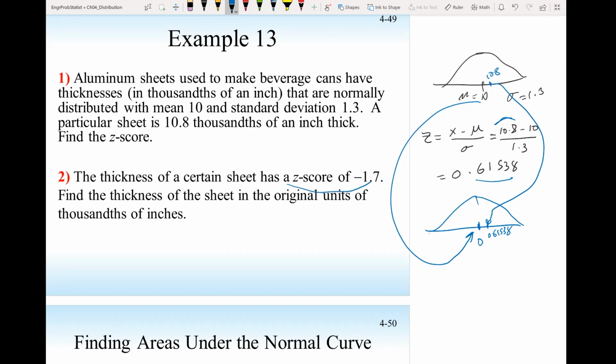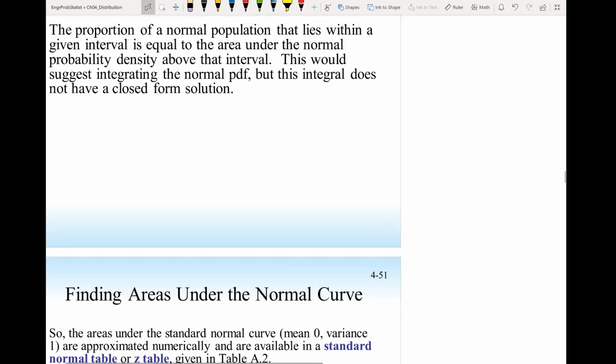And they want to find the original unit in inches. So they gave us z and they want to find x. So we plug in here minus 1.7 equals x is unknown, minus mu is 10, divided by the standard deviation, which is 1.3. Solving this equation, you will find x equals 7.79. So that's the original thickness of the sheet.